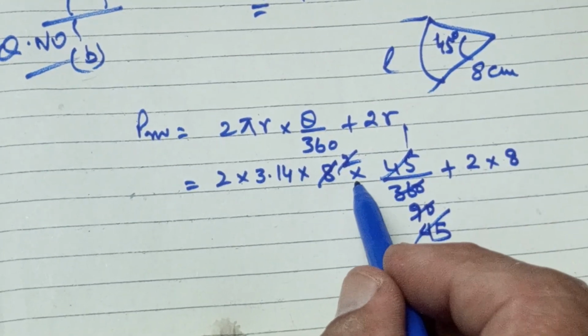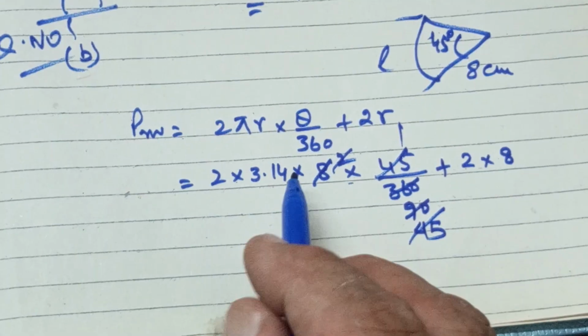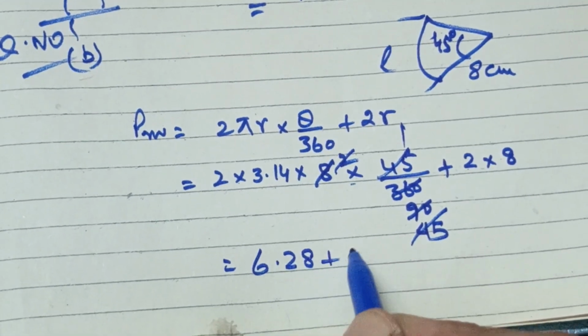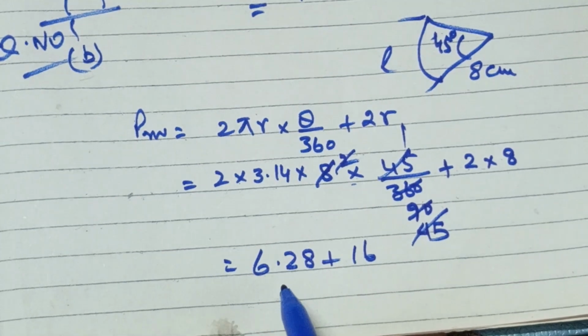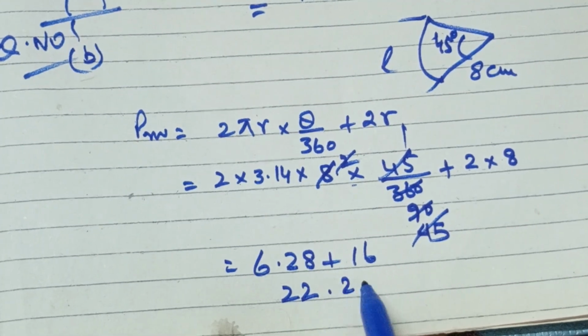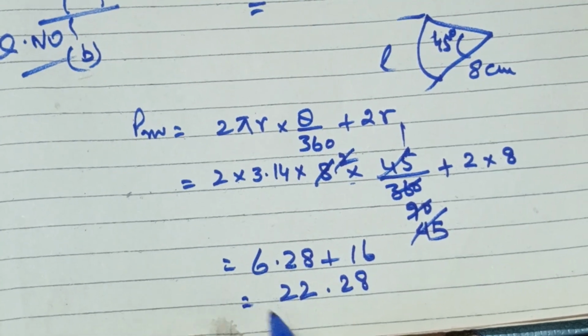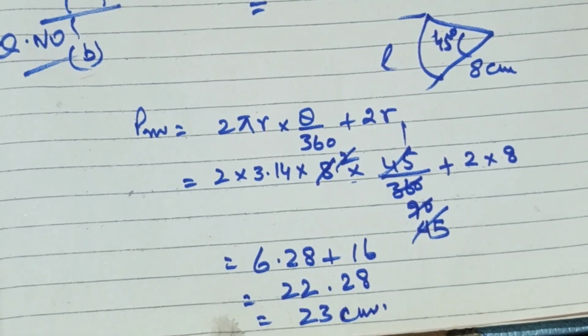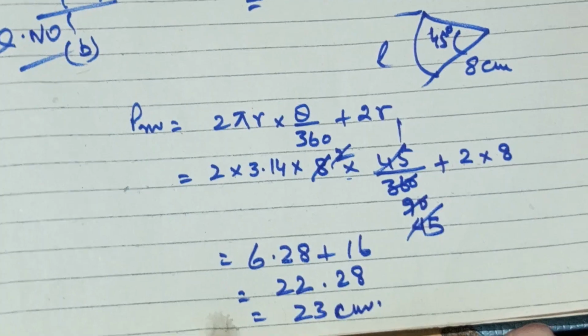So nothing more to do with this, because this is 1 multiplied by 1. Now it will become 6.28 only over here, plus 16, and 16 plus 6.28 is 22.28, or it is nearly equal to 23 centimeter.